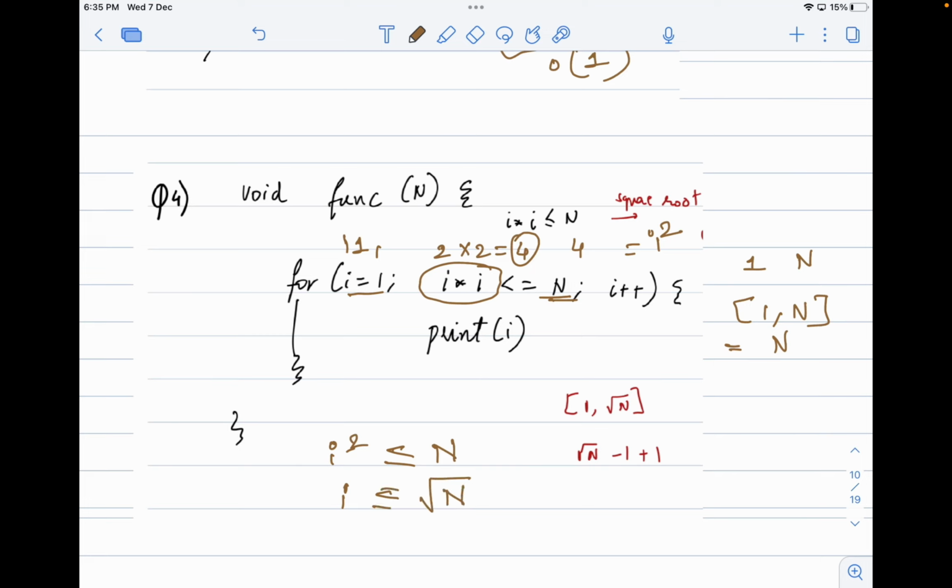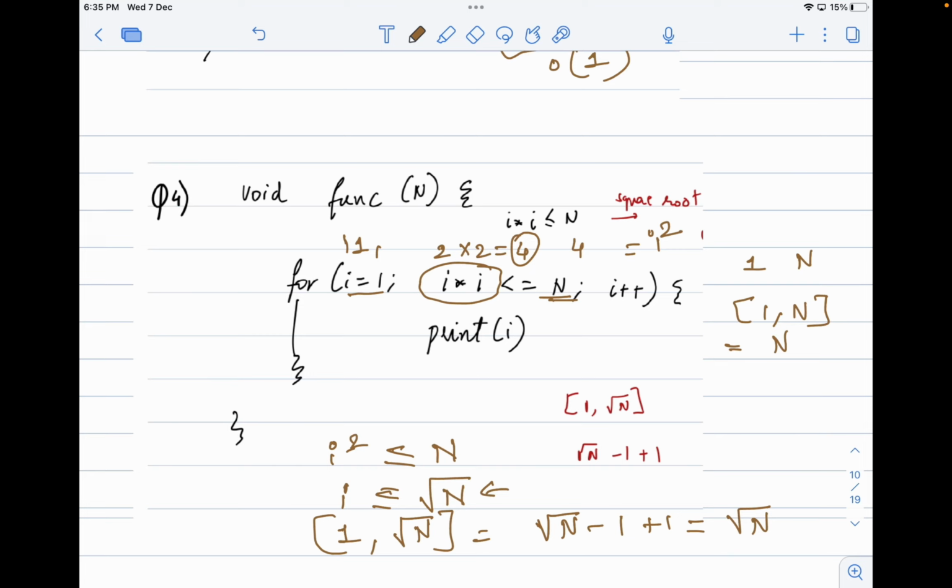So let's talk about how many iterations it is taking. Your n is this and your I is this: I is 1 and this is your square root. Let's find it. Square root of n minus 1 plus 1 is nothing but square root of n.